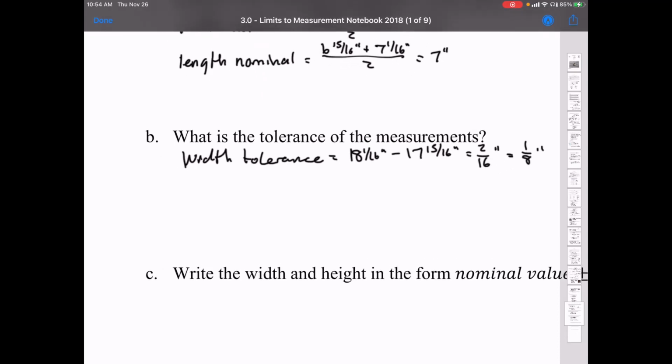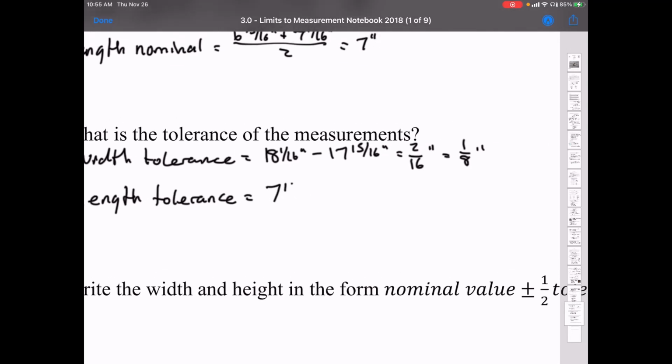And then you can do the same thing for the length tolerance, which is 7 and 1/16 of an inch minus 6 and 15/16 of an inch, which would give you again 2/16 of an inch, or 1/8 of an inch.